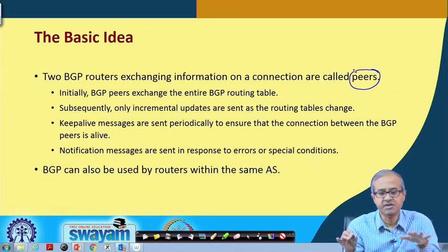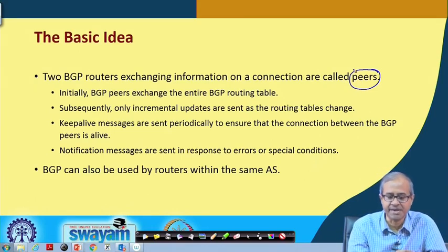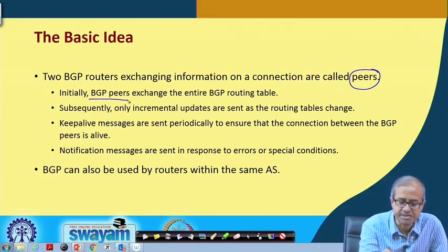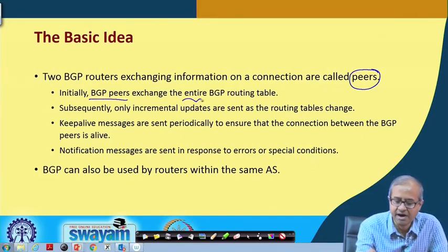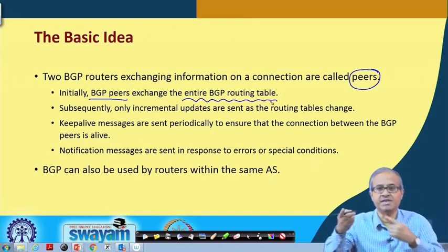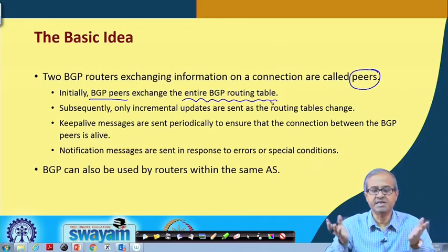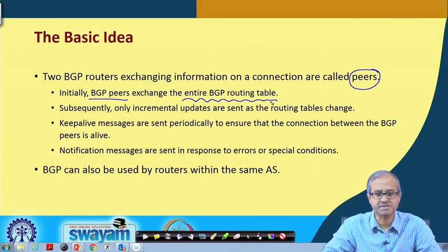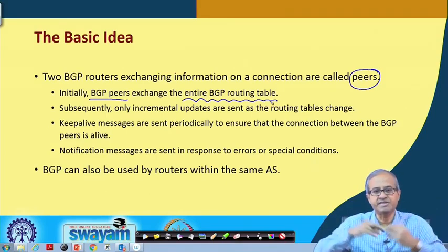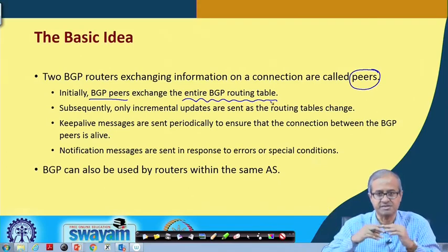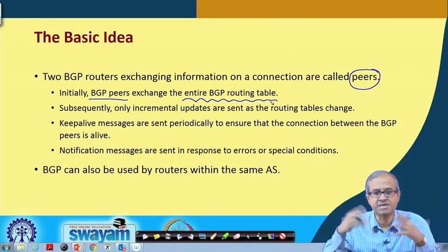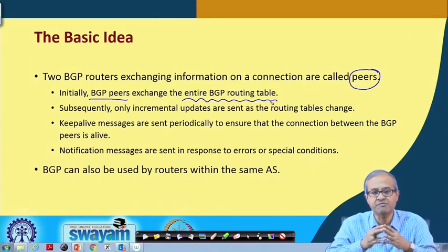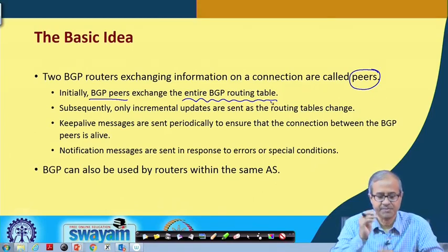Initially when everything starts up at the very beginning, the BGP peers will exchange the entire routing table with the neighbors. Suppose I am one of the peers, I will send my entire routing table information that I have to my neighbors. Similarly, I will be receiving similar information from the others, so that all of the routers can update their routing table with the latest information that is available, right.